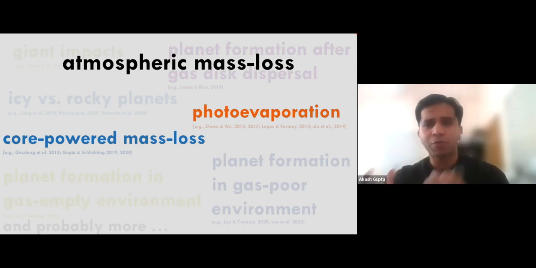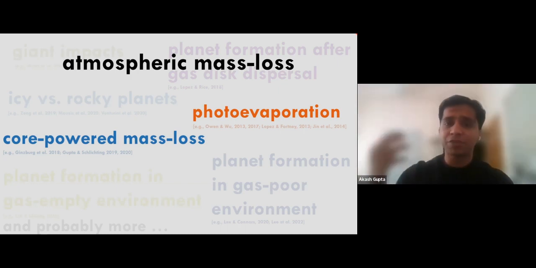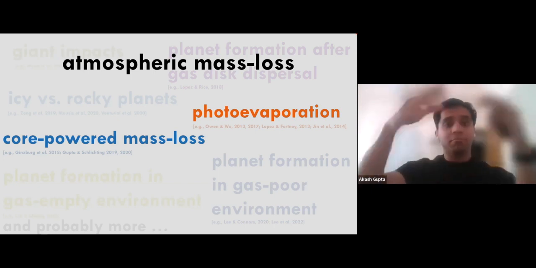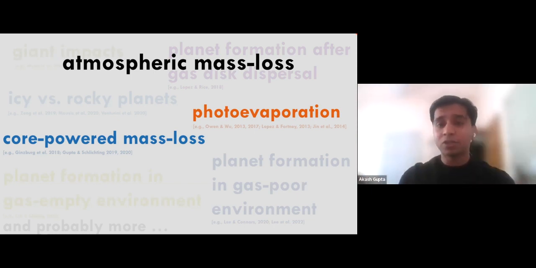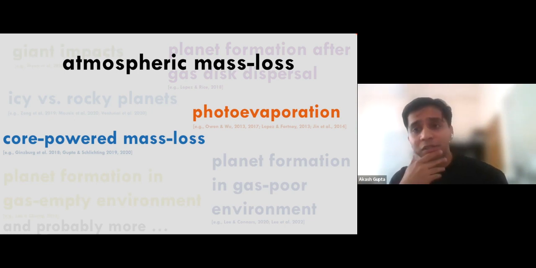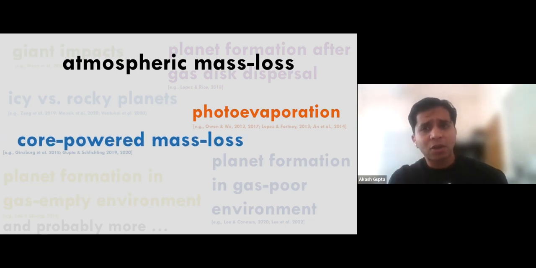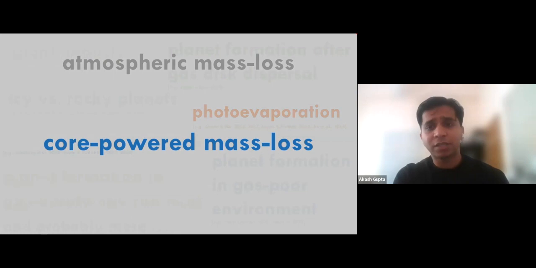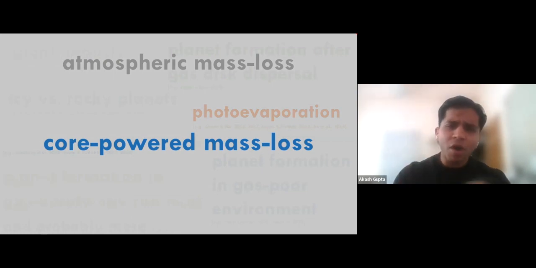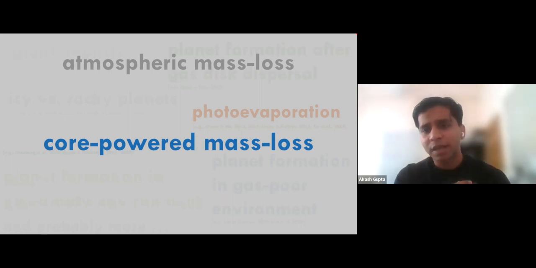The idea behind photoevaporation is that the high energy radiation from the host star can heat up the upper layers of the atmosphere and drive atmospheric loss. Core-powered mass loss is what much of my PhD thesis has been focused on. So let me walk us through what the idea behind this is, what insights this gives us into the planet formation process, and what predictions we can make for the future.